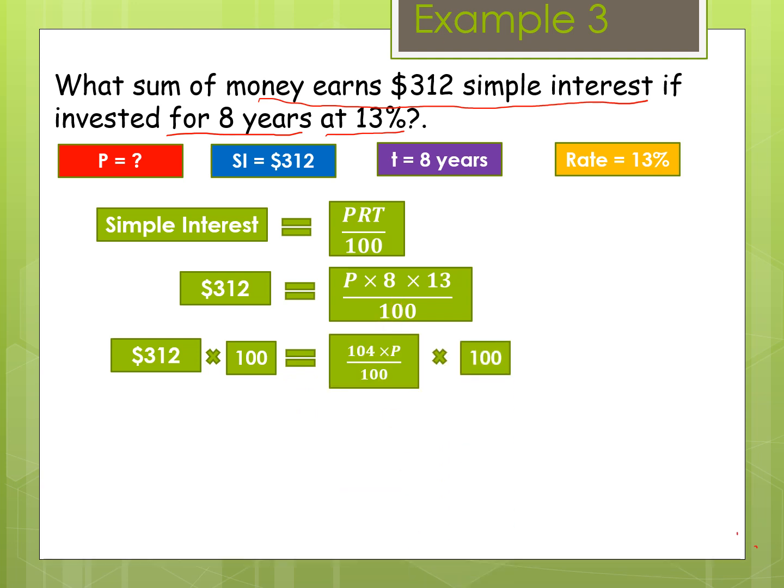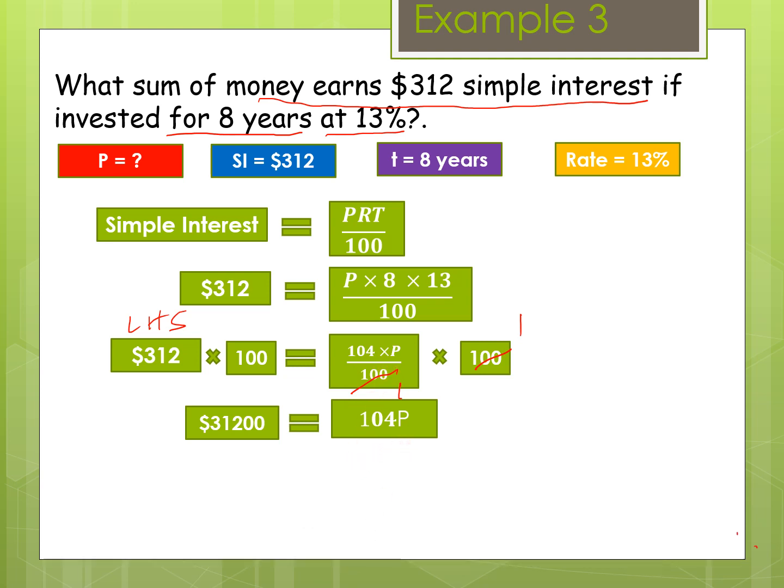And when we do that, we're going to cancel out 1, 1. On the left hand side, we are multiplying 312 by 100, which is going to give us 31,200, which is equal to 104 times P, which is 104P.